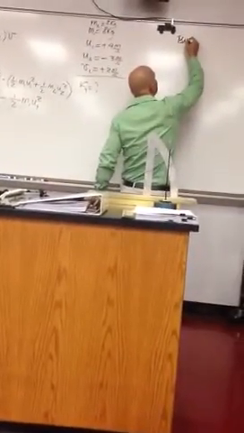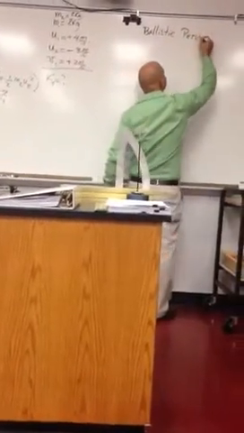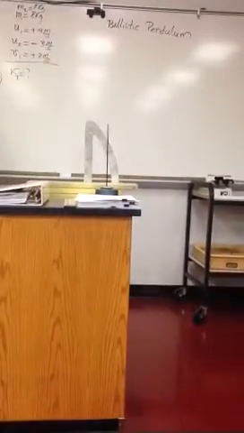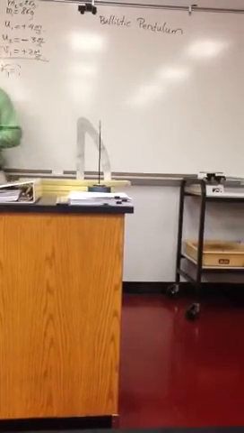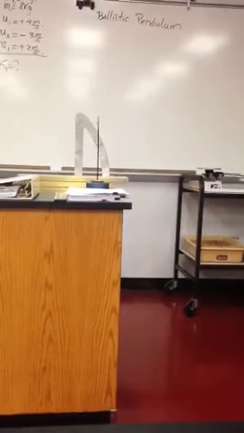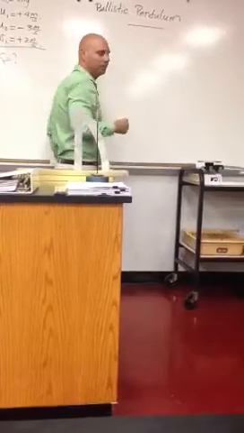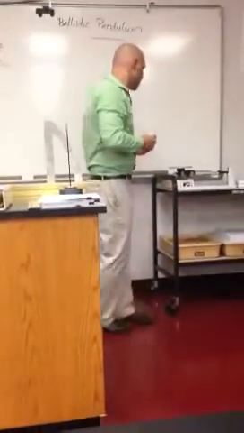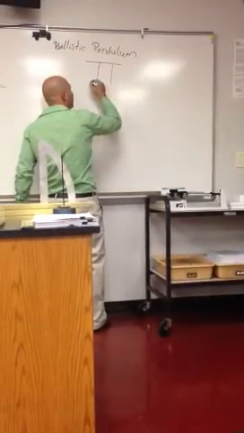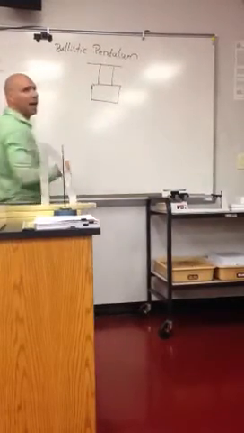Ballistic pendulum. What is a ballistic pendulum? A ballistic pendulum is a device that we use to find the initial speed of a projectile, like a bullet. So let's say that I put a pendulum like this, hanging from two cords and one large block here, hanging.